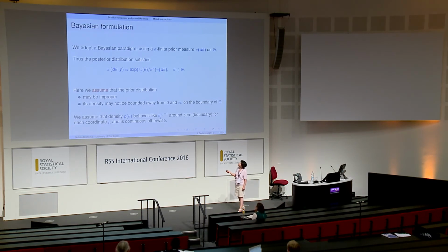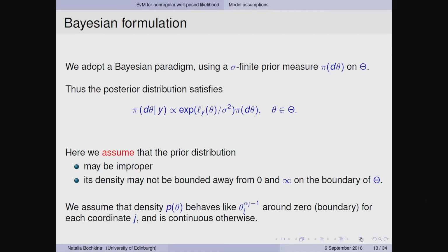The prior may be improper, and for the classical Bernstein-von Mises theorem, the density is assumed to be continuous and bounded away from 0 and infinity. We don't make an assumption for that. So for instance, we allow for gamma densities or betas which can go to infinity around 0.